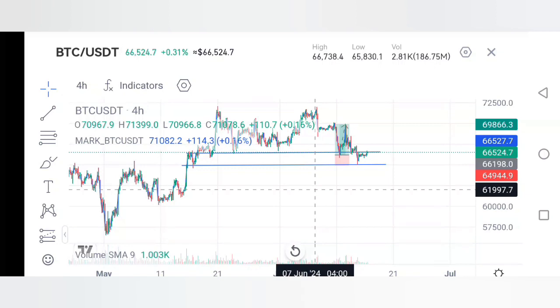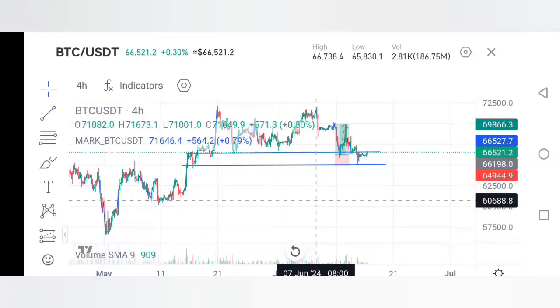That's within the range of 62,000 to a maximum of 60,000 USD.